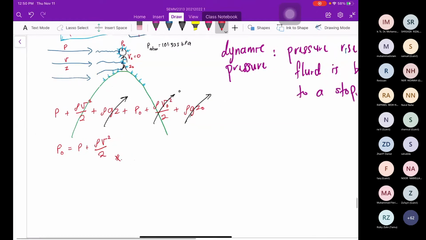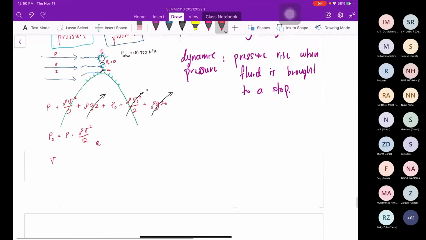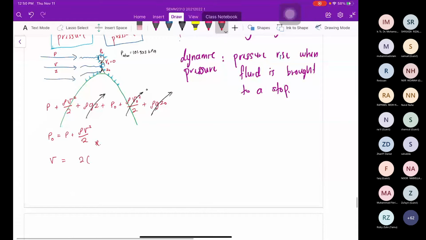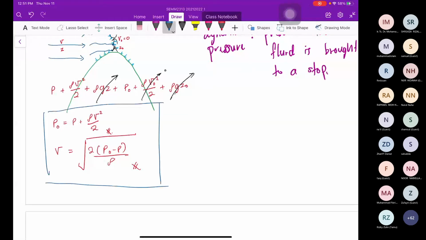In order to get the velocity of the flow here, just rearrange the equation and you will get V equals the square root of 2 times P naught minus P over rho. Now you have two equations involving the stagnation point.